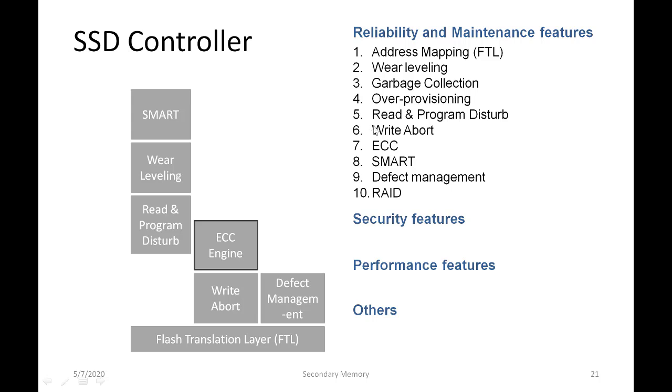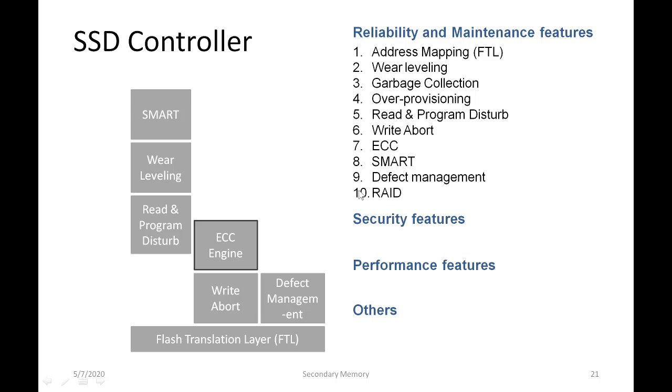The fifth and sixth are more for reliable working of the flash memory cells. They are read and program disturb and write abort features. The seventh one is error checking and correction. Eighth is a SMART feature in some of the high-end SSDs. The ninth is defect management, how the SSD controller keeps track and handles flash cell failures.